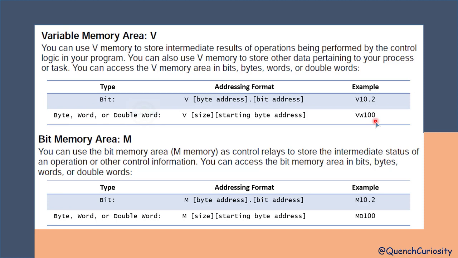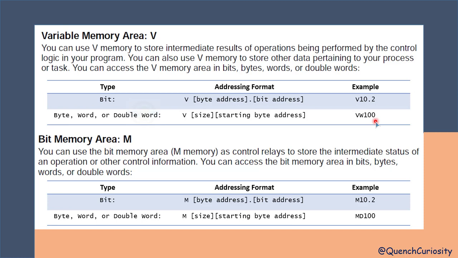As you can see from the description, the bit memory area is to control relays to store intermediate status of an operation or other control information.